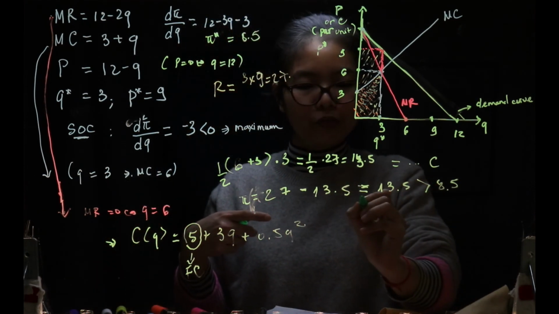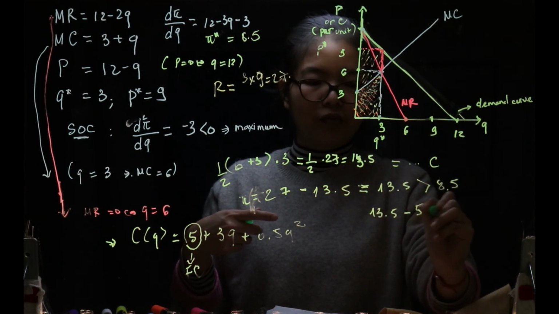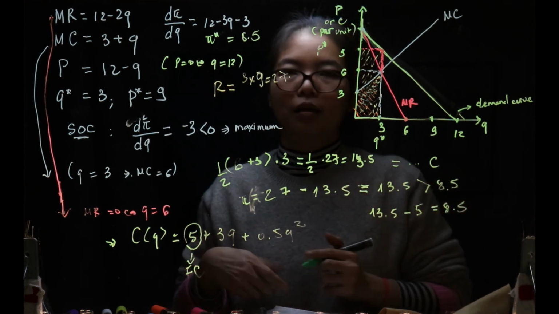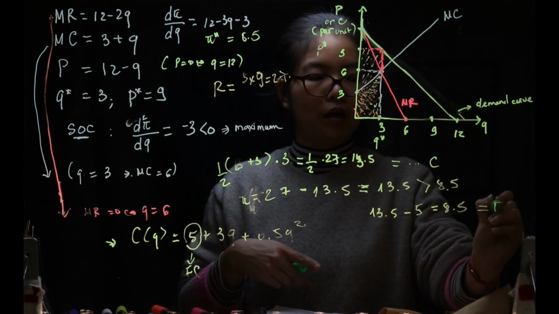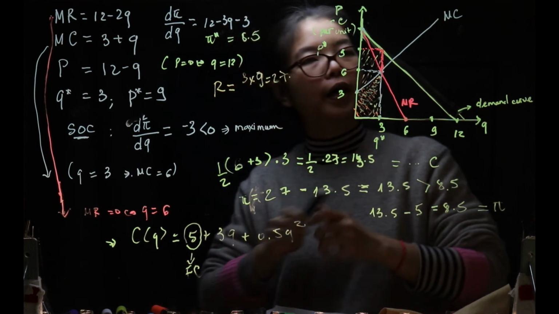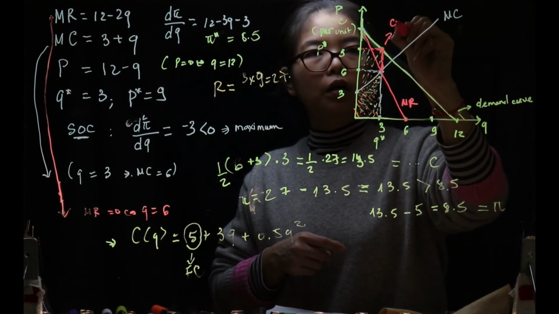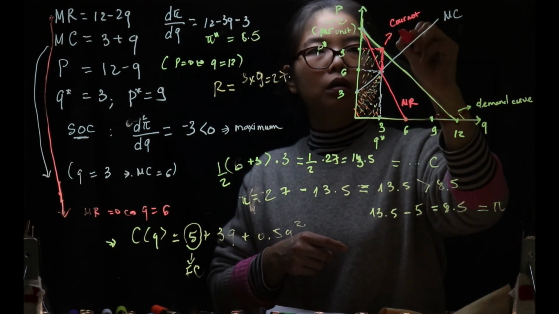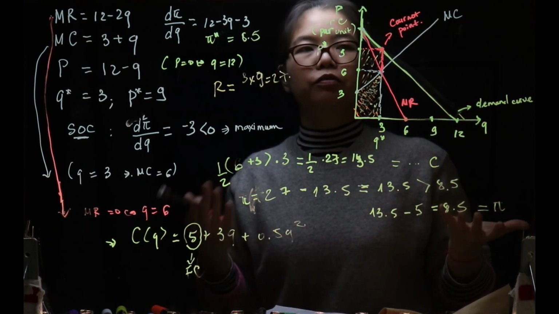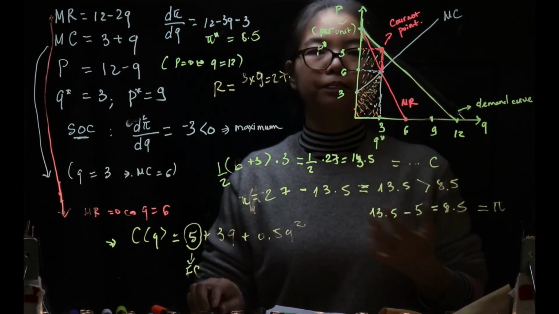Now, if you take 13.5 minus 5, the fixed cost, you get exactly the profit that we calculated from the profit function. And this point on the demand curve is normally called the Cournot point, stemming from the Cournot model of monopoly competition. Okay?